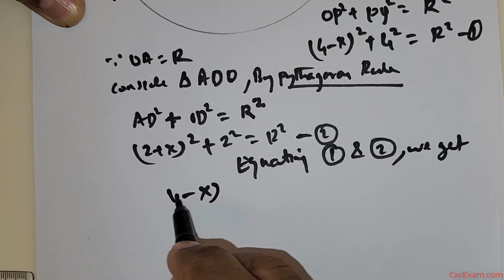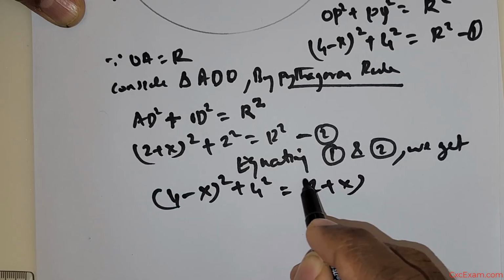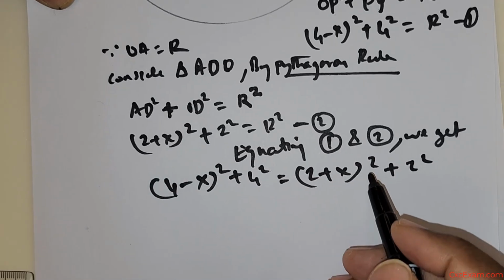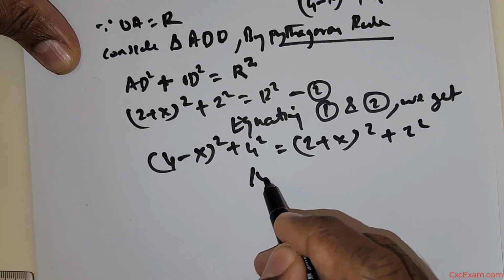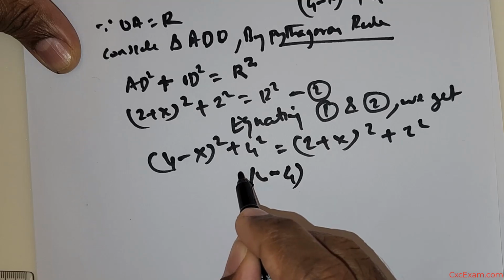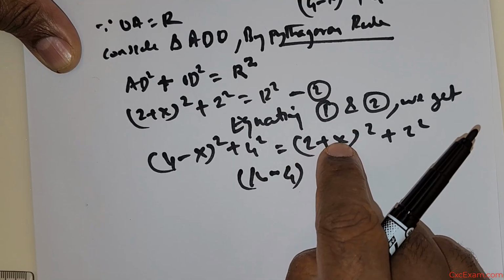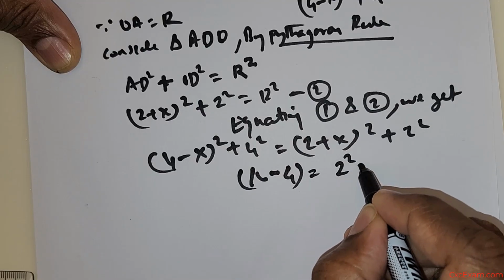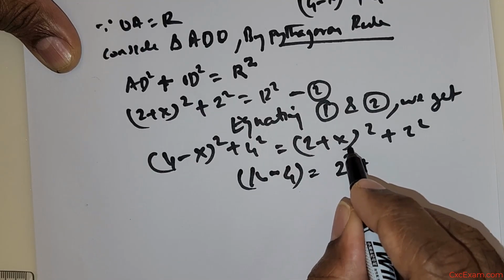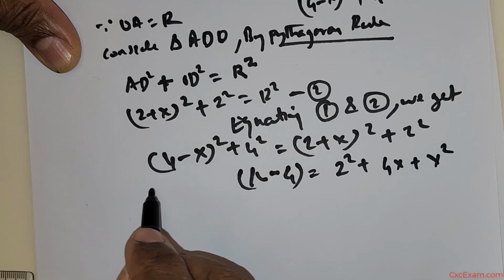So equating 1 and 2 we get (4 minus x) the whole squared plus 4 squared is equal to (2 plus x) the whole squared plus 2 squared. 4 squared is 16. This is 4. I'm bringing it to this side. So minus 4 is equal to (2 plus x) squared, so it's going to be 2 squared plus 2 times 2 times x, so 4 plus 4x plus x squared.